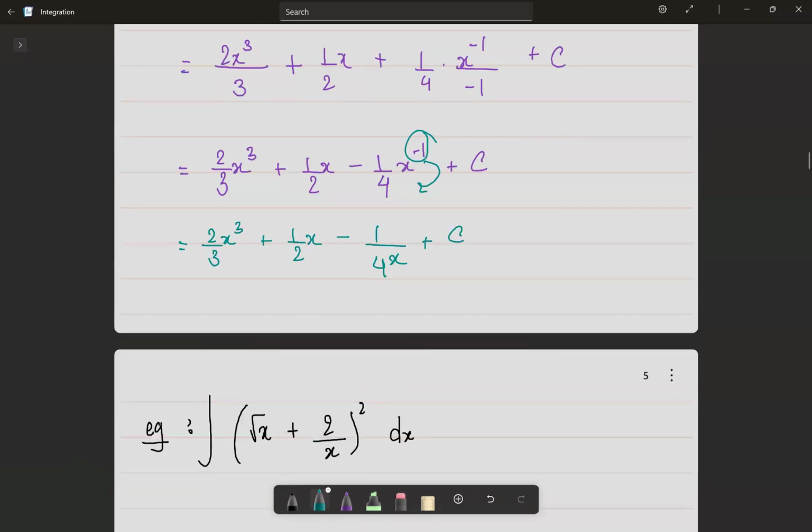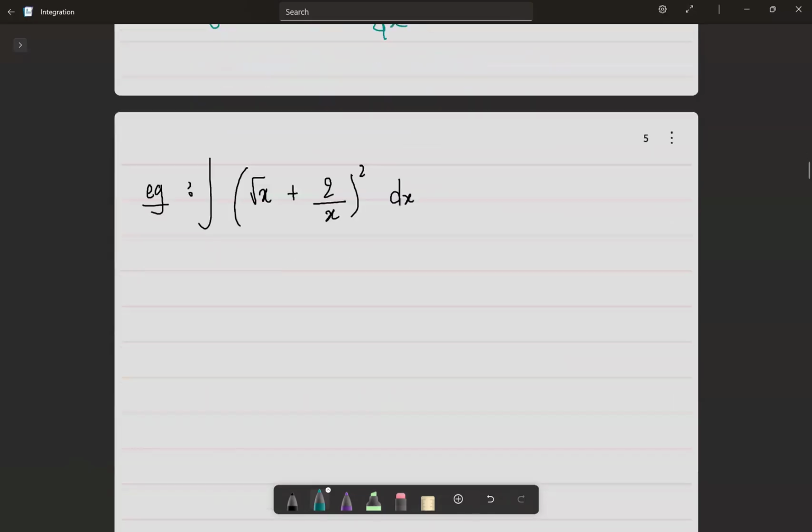Let's take a look at the other example that we have in here. So here you see that you have an expression that needs to be squared. But for the basic integration formulas, we have seen two formulas for integration.